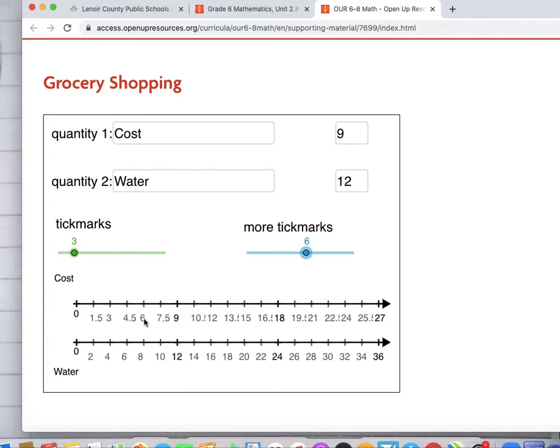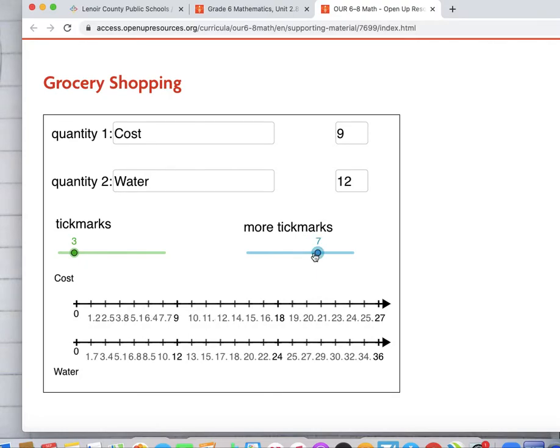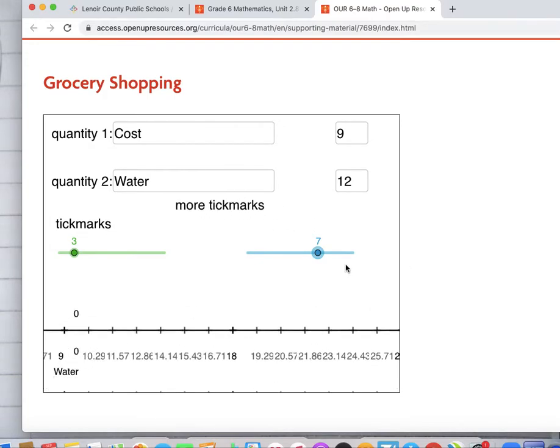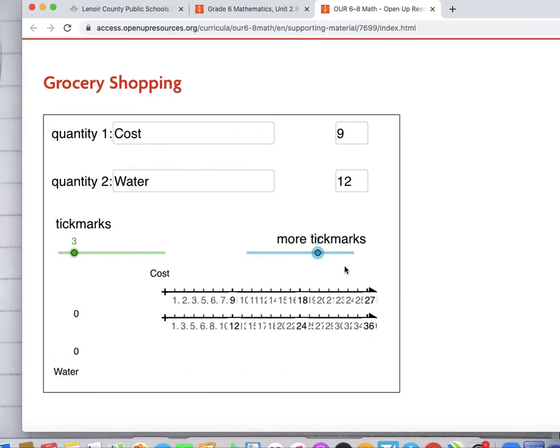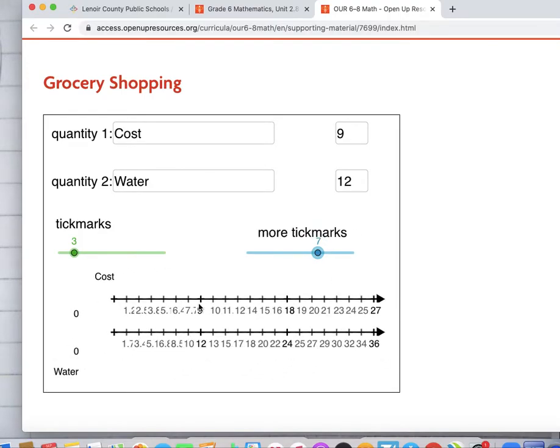Between 4.5 and 6. What's halfway between 4.5 and 6? Let's take it one more. It's really hard to see now. Okay, all right. Let's look at one more.